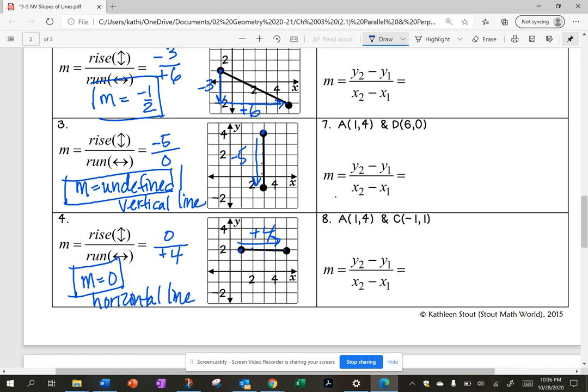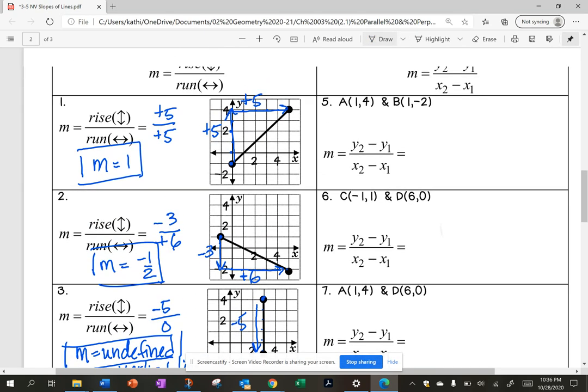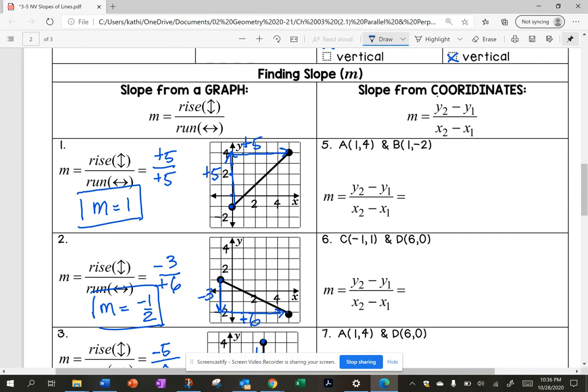All right, let's find slope from some coordinates. So when I'm finding slope from coordinates, I usually use the formula y2 minus y1 divided by x2 minus x1. So I'm going to label my points. Point number 1 is x1, y1, and point number 2 is x2, y2. So substituting into my equation, y2 is negative 2 minus y1, which is 4, divided by 1 minus 1.